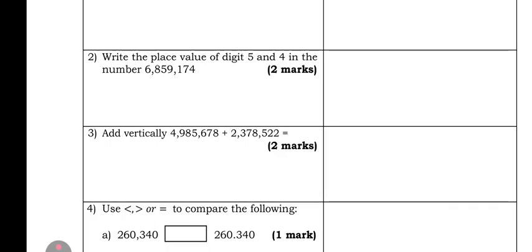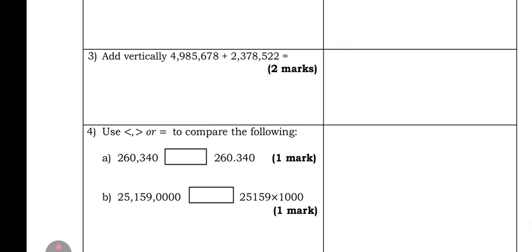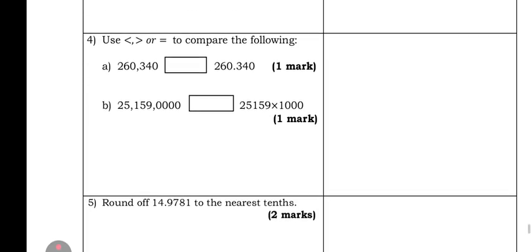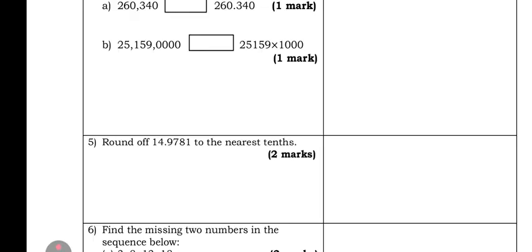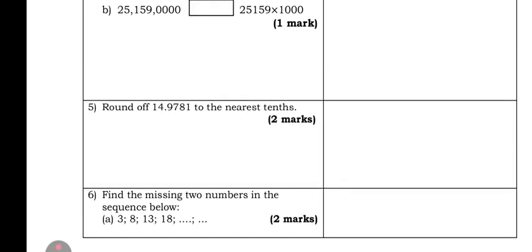Number 2 is all about place value of digits 5 and 4. Adding vertically is very easy. Using signs to compare, like greater than, less than, or equal. Here we have round off and finding the missing numbers in the sequences that are provided.